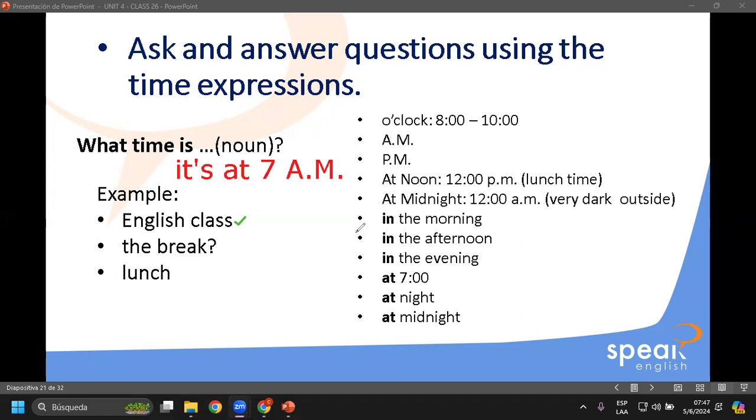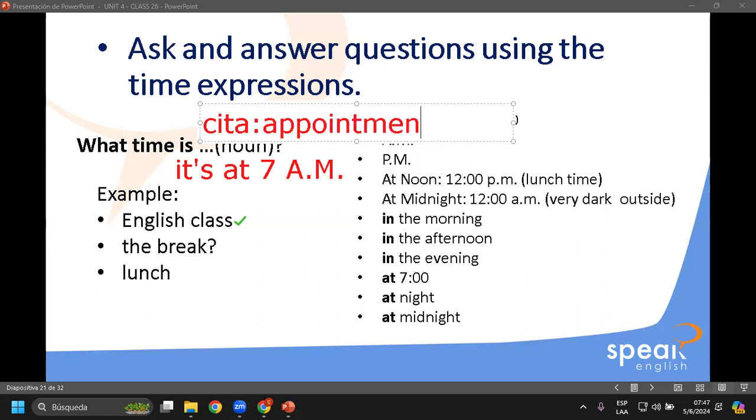What time is it at the cita? Oh, in that case, we have two options for the word cita. It depends on the context. Si es una cita profesional, we say appointment.